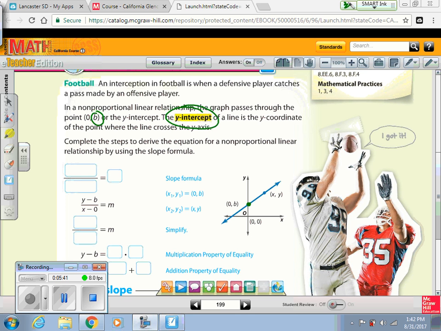So once again, we have y2 minus y1 over x2 minus x1 is equal to the slope. And it's going through a point b on the y-axis, so we have y minus b, and x minus 0 is x. Now we're going to want to solve for y.